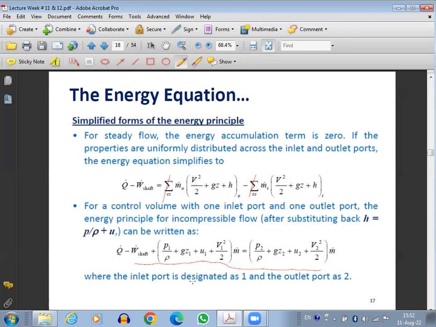Now, there is one thing here: we are talking about the kinetic energy. When we are talking about kinetic energy, we are discussing velocity. Obviously velocity comes inside the formula of kinetic energy. Now, which velocity are we discussing? Suppose I have a pipe and the fluid is flowing through the pipe.